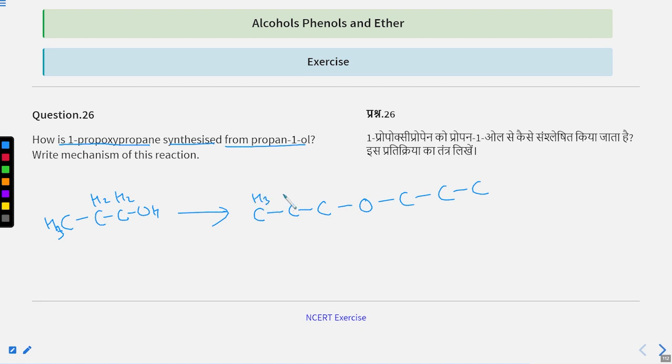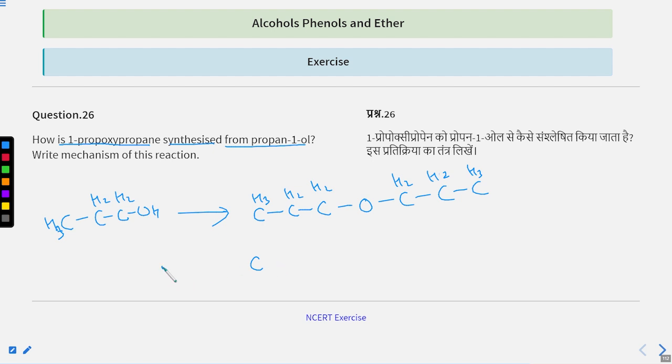Further, in the next step, one of the moles you should treat with a base that would result in alkoxide ion, and the other one you should treat with a reagent that would substitute your OH with a halide, right?